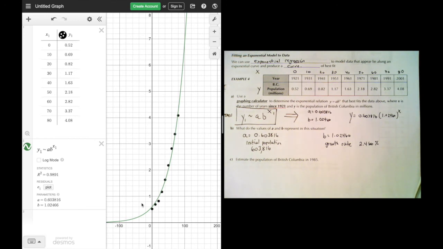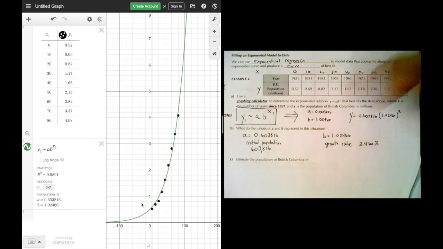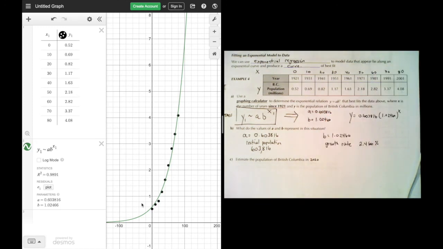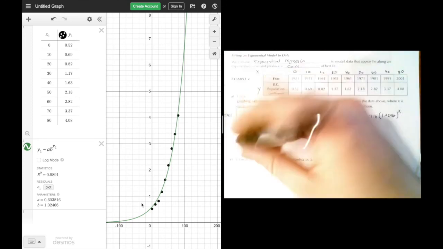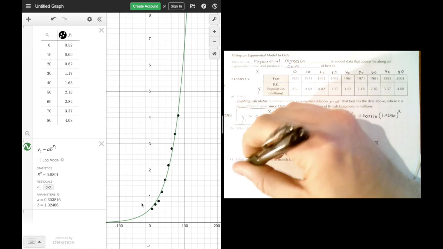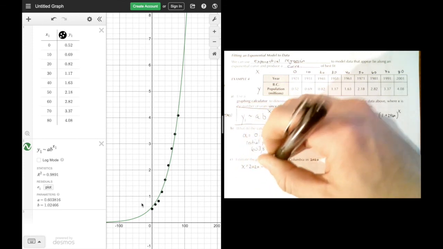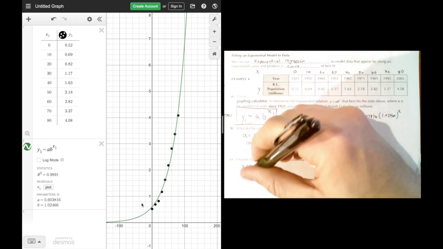Estimate the population in British Columbia in 1985. Well, that seems silly. Let's change that. Change it to this year, 2020. So 2020 would be, well, how many years since 1921? Well, let's do a little bit of math. 2020 minus 1921 would be 99 years.